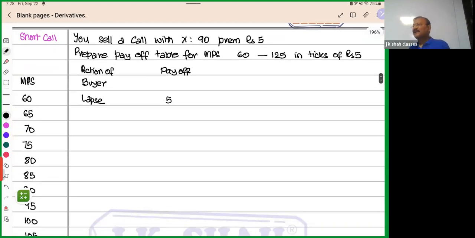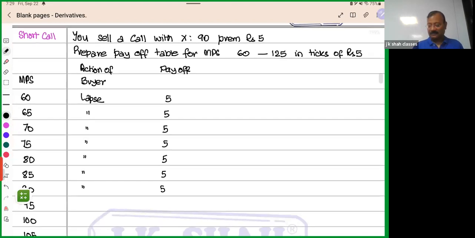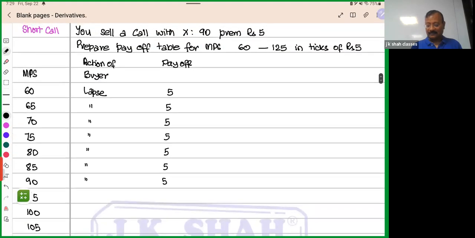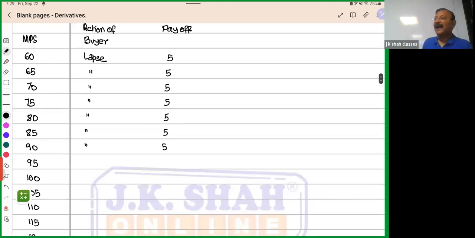At 65, will he exercise? No. That means up to there he will allow the option to lapse, which means you are going to have a profit of 5. At 95, will the buyer exercise it? Yes.